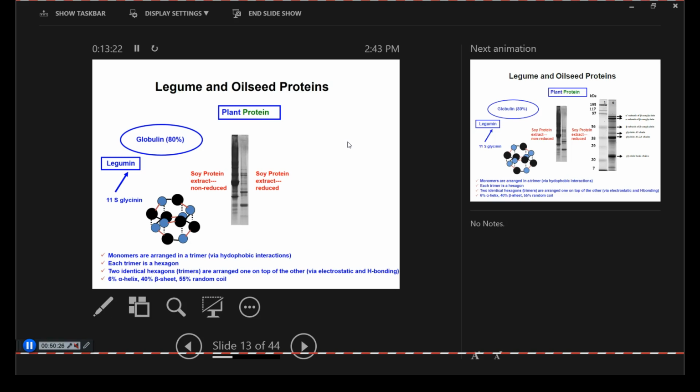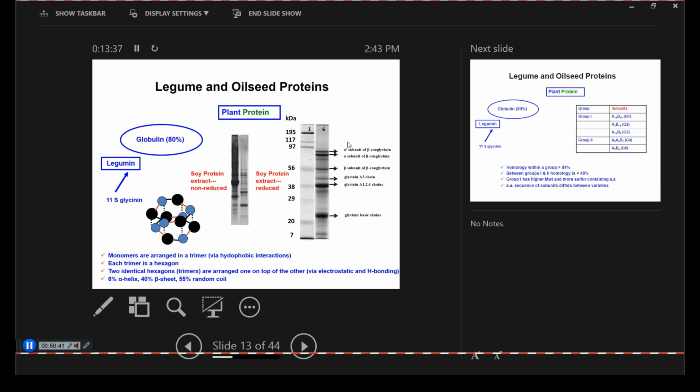When you add a reducing agent, then you'll be able to see the individual subunits. These two bands designate the acidic and the basic subunits of legumin. And we have different variants of the glycinin or the legumin of soy.